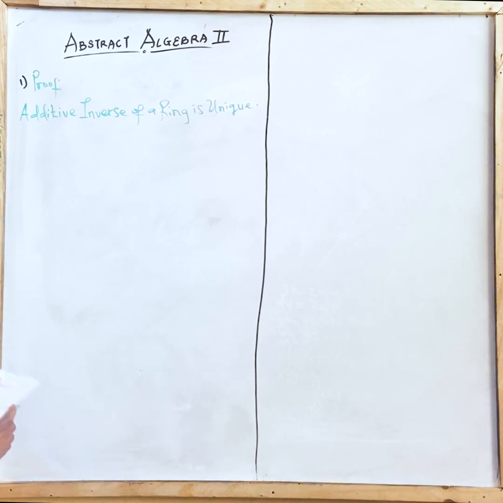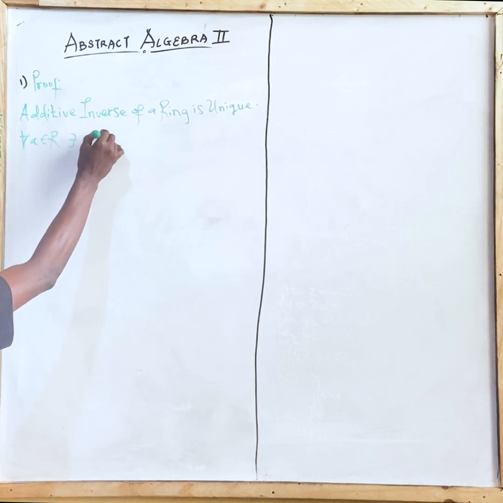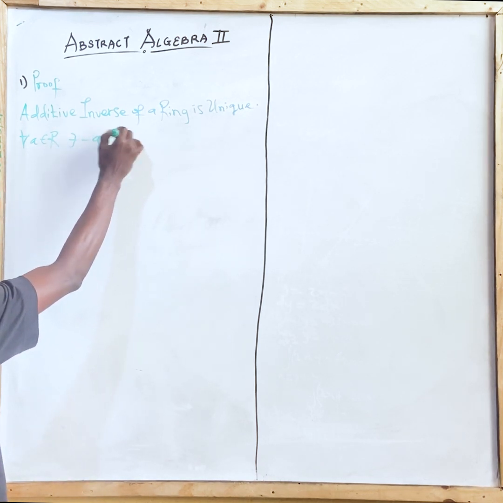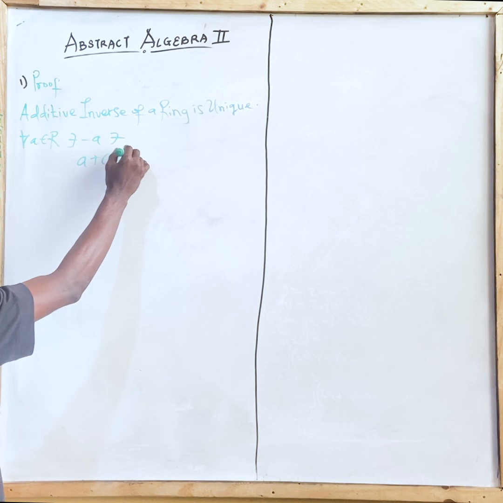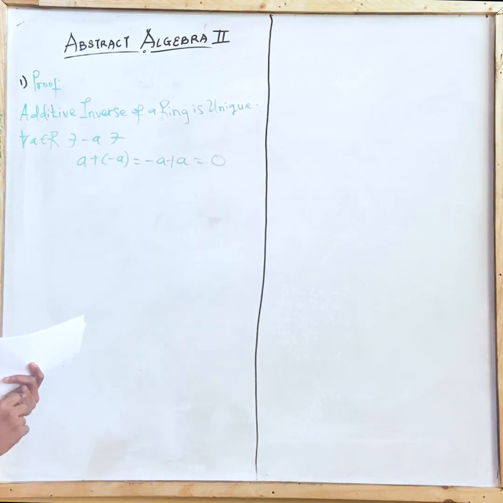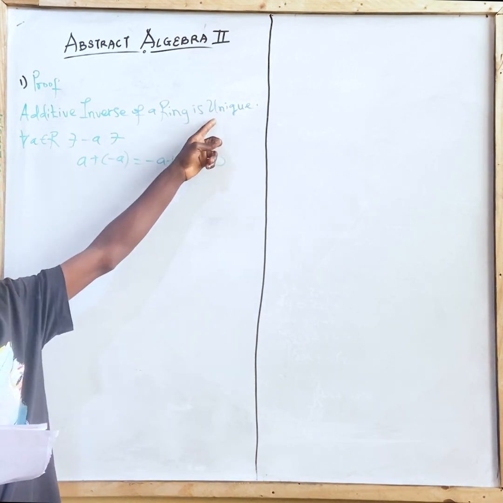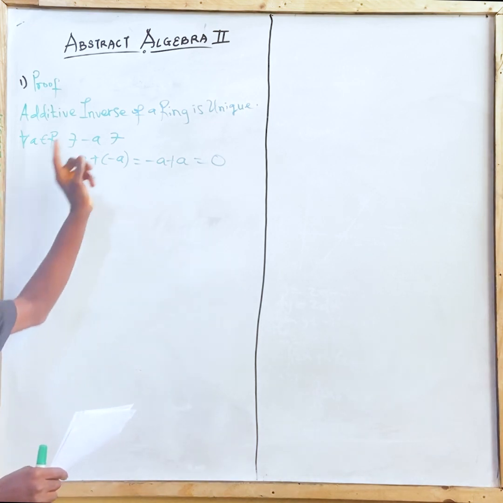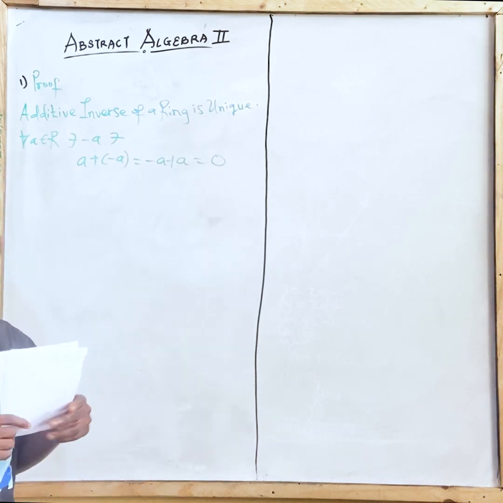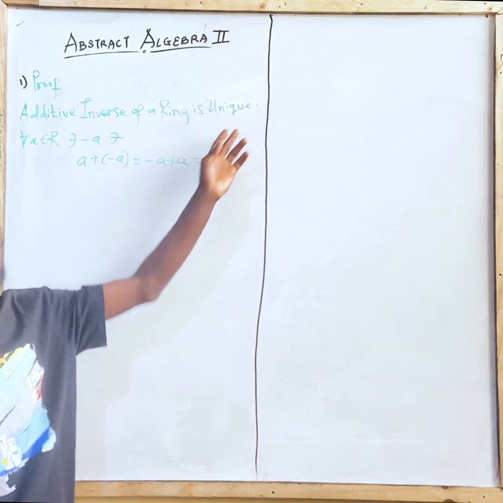So what we are trying to prove here is that, remember from one of the definitions of a ring, that for all A in R, there exists a minus A such that A plus minus A equals minus A plus A equals 0. So we are trying to say that the additive inverse of a ring is unique. That is, there exists one and only one additive inverse in a ring. I can't have two or more additive inverses in a particular ring. That's what they mean by unique.